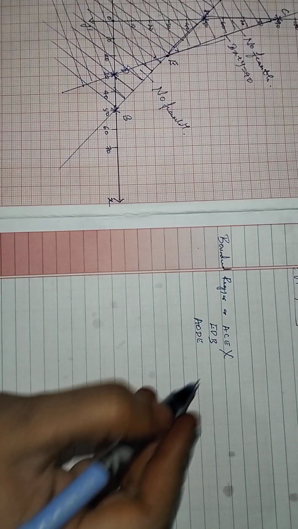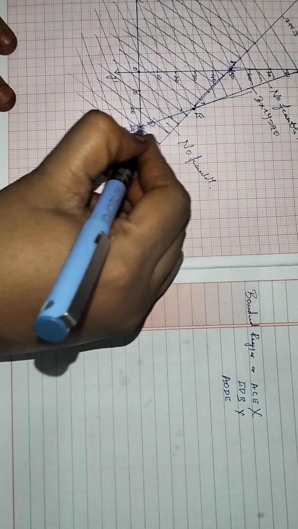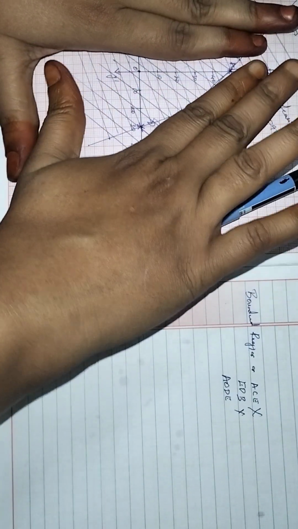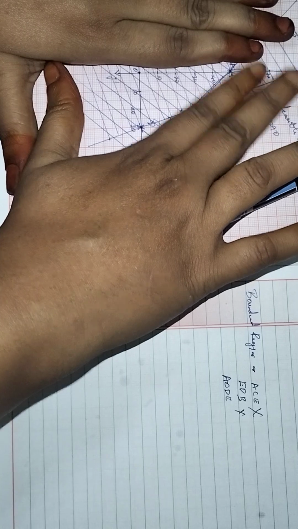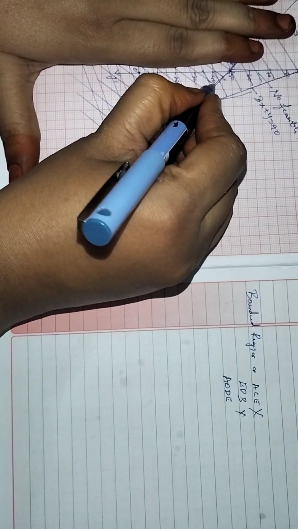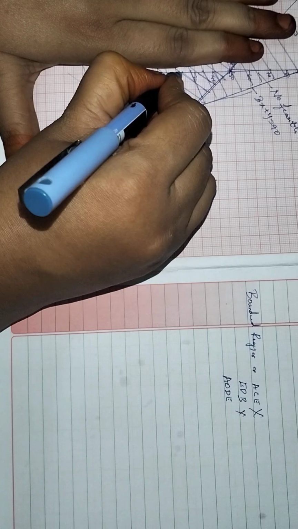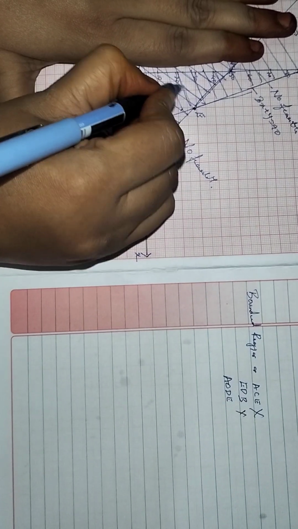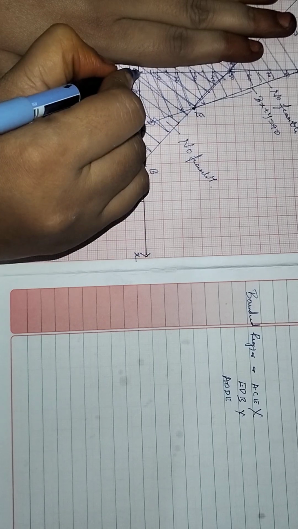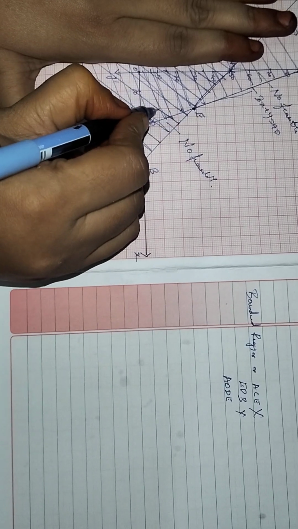Okay. Now what is the third bounded region we have? E, D, O, A. You can clearly see that there is the intersection of 2 lines. See, here one line, here one line. Here one line, here one line. So that means the 2 constraints have a common point at this location.